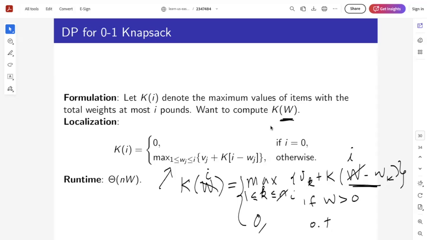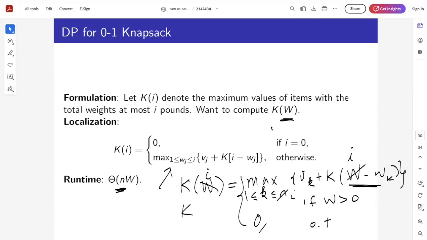And then we're going to figure out its complexity. First of all, if we use the original K of W, before we change it to I's, then we look at all items, so K is from 1 to n.